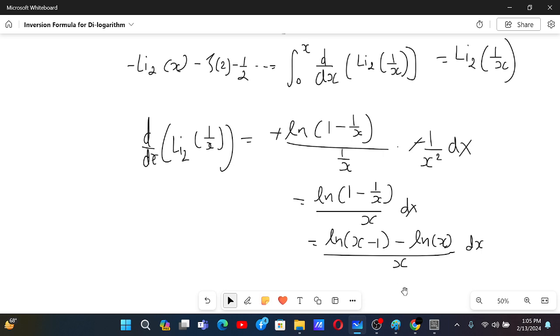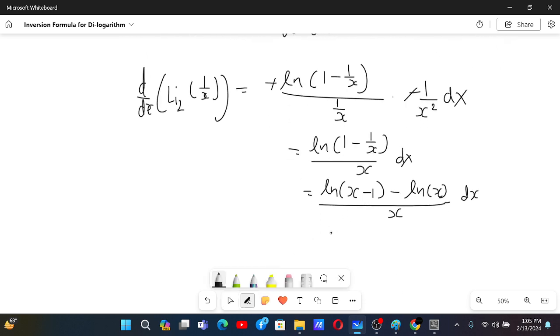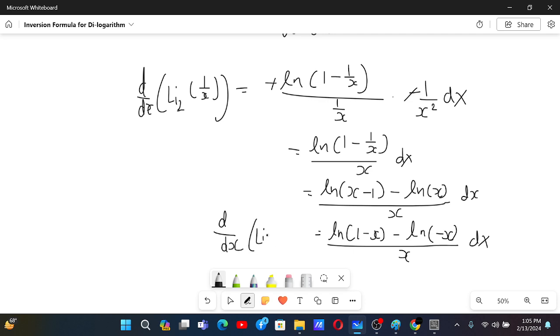Now I shall change this to 1 minus x, and for that I can just add plus ln of minus 1 on both logs, and that will give me ln of 1 minus x minus ln of minus x, over x dx. Now this is just the derivative of li2 of 1 by x.